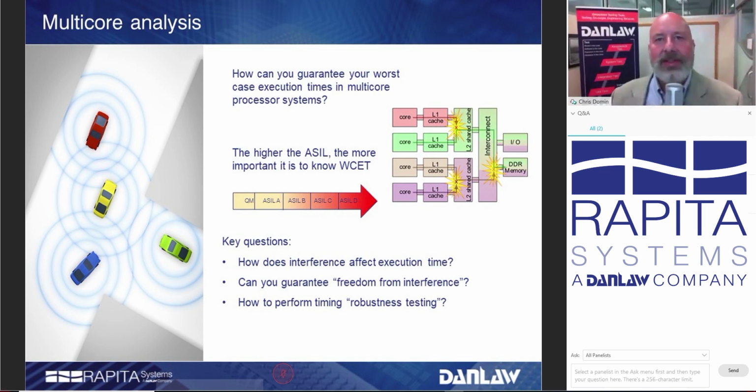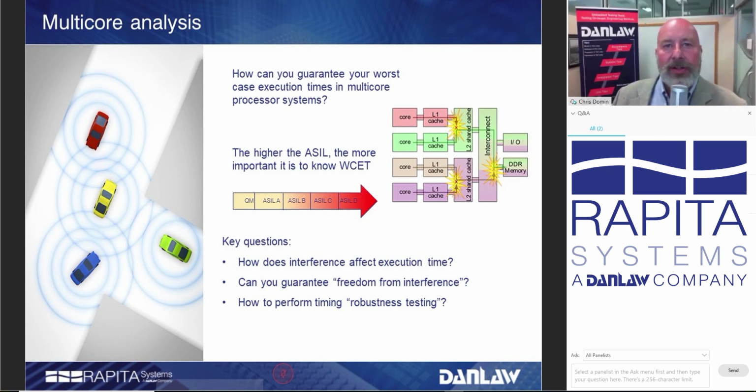However, the problem with this is that the shared resource contention in the multi-core system will interfere with each other, and it increases the worst case execution time beyond what you would have seen in the single core processor. And what we've found, and it's very interesting, is that in many cases, the interference is much, much more than the engineers would have predicted. And so that's a risky gamble, especially if you're going to be deploying an ASIL-C and ASIL-D application.